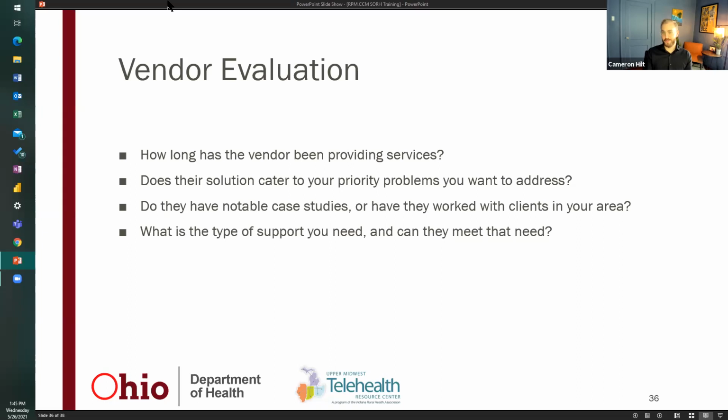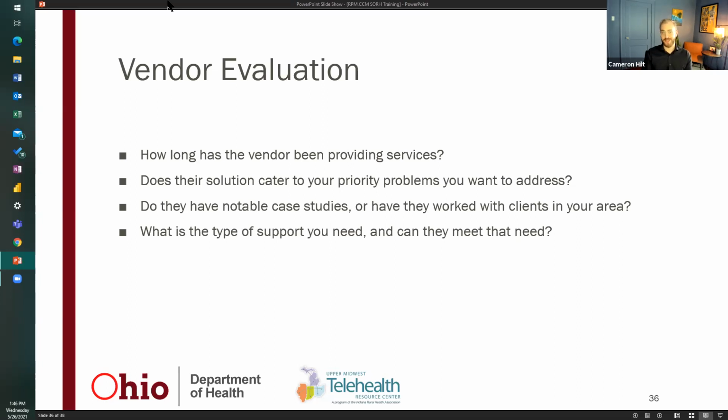And so even there's been some movement when it comes to utilizing RPM services in behavioral health that's very, very new, but maybe not all vendors offer that. So if you're looking for that type of support or that type of program, you need to make sure your vendor ultimately can offer that to you.